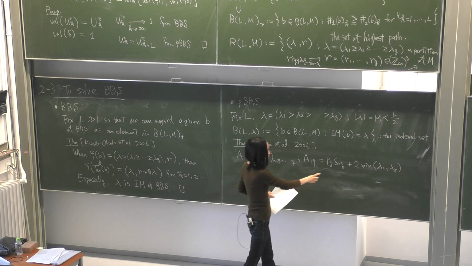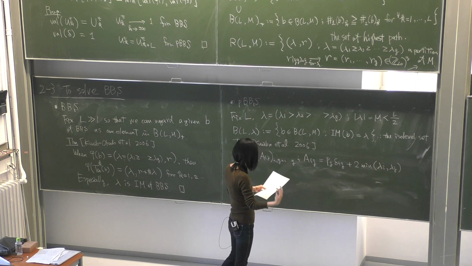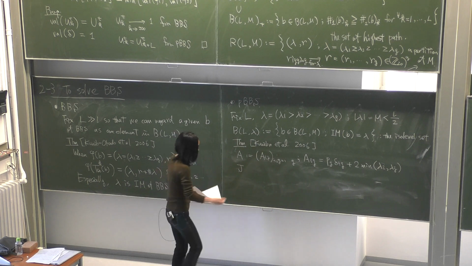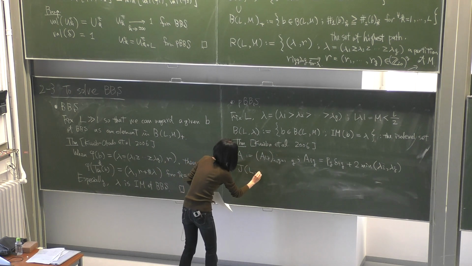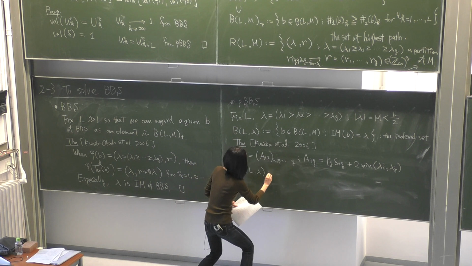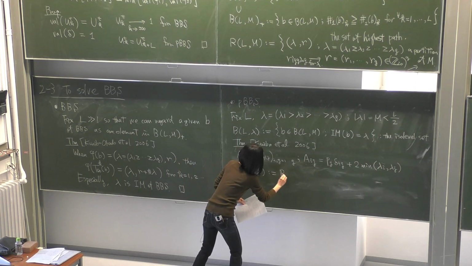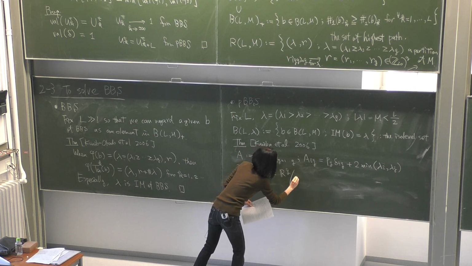So by the definition, it is a symmetric matrix. And we define a G-dimensional real torus, JL lambda, by using this A as a period matrix.